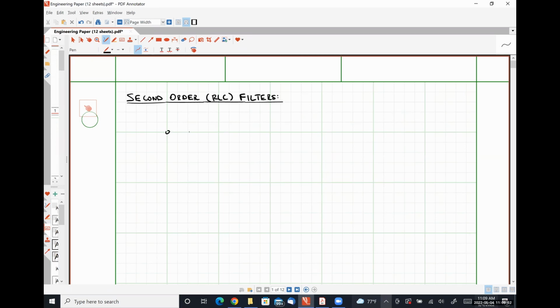is this guy, where we have an inductor in series with a capacitor in series with a resistor. As always, we will apply our input signal on the left-hand side, take our output signal on the right-hand side of the network.